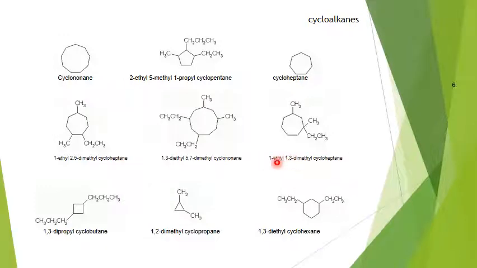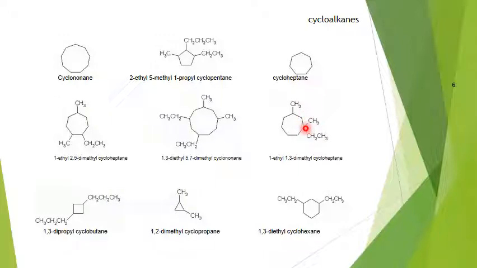All right, next one. This is a cycloheptane, has 7 points. It has 2 methyls coming off of it and an ethyl. So there's 2 groups coming off the same carbon here, so they'll get the same numbers. We'll start here. This is 1, and going counterclockwise, 1, 2, 3 gives me a 1, 1, 3.